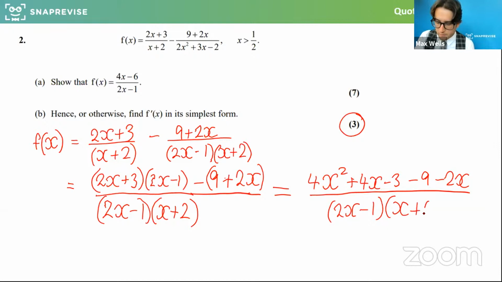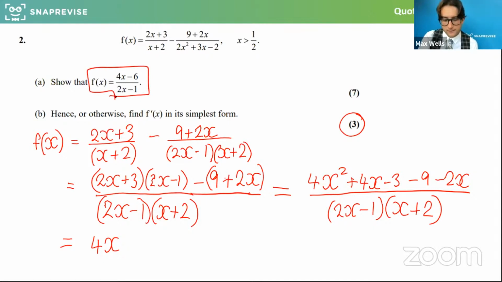And the good thing is we know where we're going with it. So if you did struggle to do this in the exam, just thinking about exam technique, what's really good is you could still do part B and come back to it, because they're telling you what it should end up as. So the good thing with the show that is it doesn't stop you doing the rest of the question.